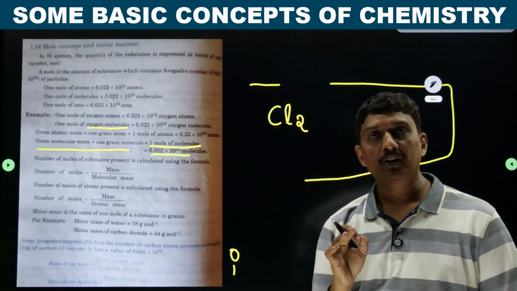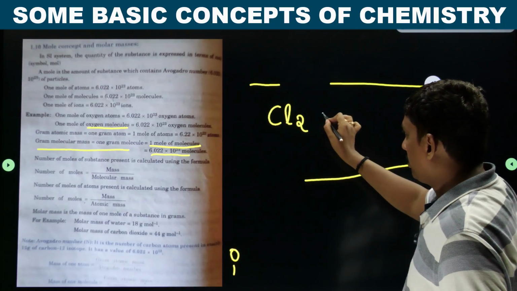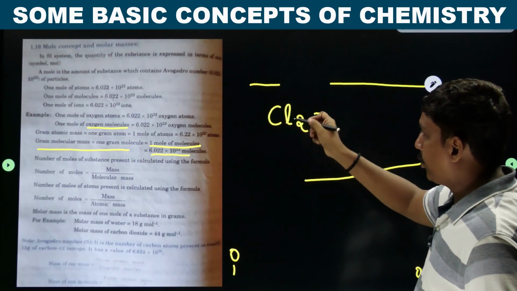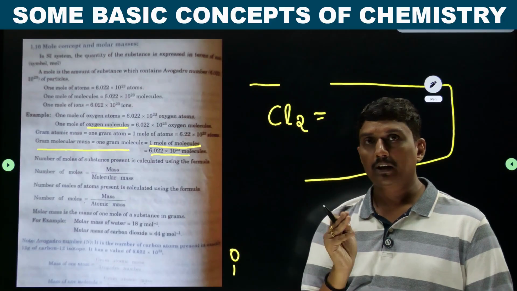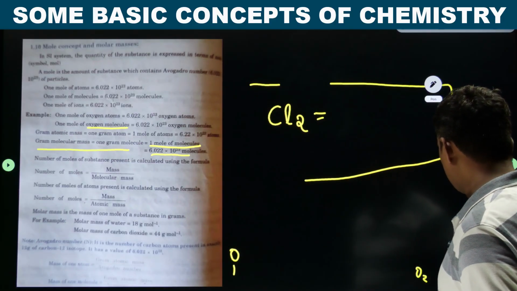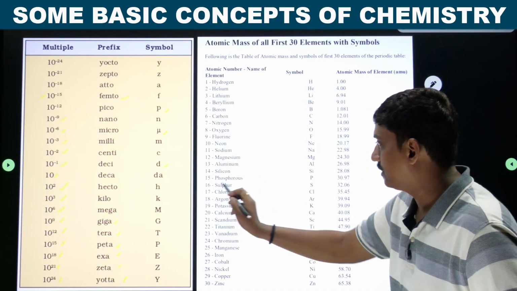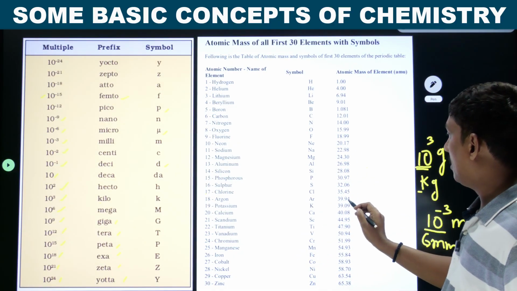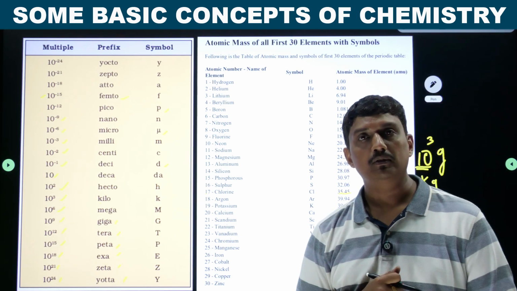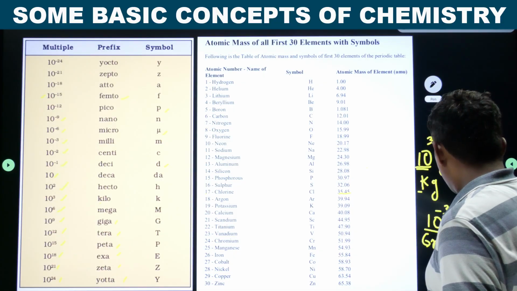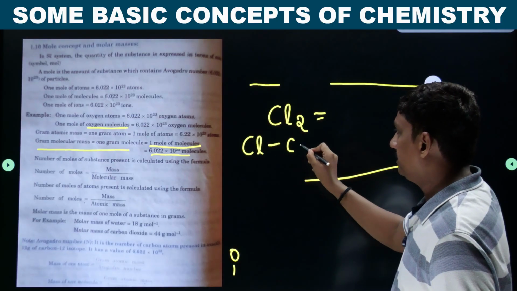What is this? Chlorine is a molecule. Cl2 means molecule, Cl is atom. Now, what is the atomic mass of chlorine? In the last class we discussed. Where does chlorine come? Chlorine is 17. Its atomic mass is 35.45. It consists of two atoms, Cl and Cl.